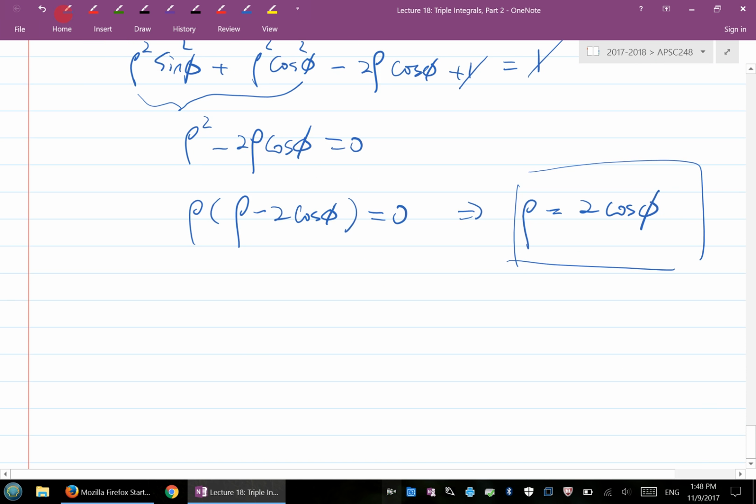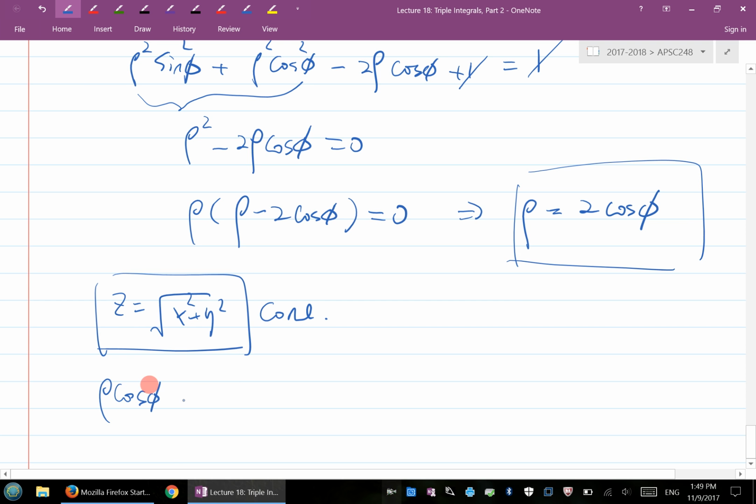Okay, last one here, really last one. Let's say I have a cone here. This is the cone equation. What's the cone equation in spherical coordinates? You basically replace the z with rho cosine phi, replace the x with rho sine phi cosine theta, and the same thing for the y.